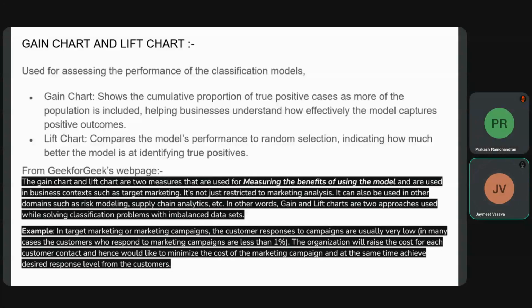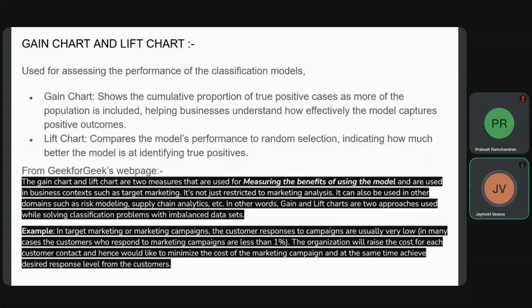The lift chart compares the model's performance to random selection, indicating how much better the model is at identifying the true positives. Basically in the lift chart, you will have the predictive score, which is compared with random guessing.